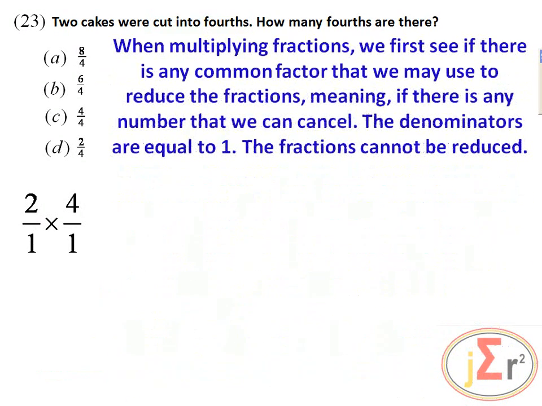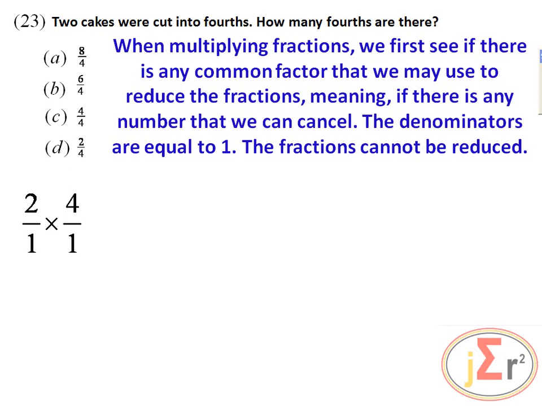When multiplying fractions, we first see if there is any common factor that we may use to reduce the fractions. Meaning, if there is any number that we can cancel. So, reducing the fraction, we always say typically in the classroom, cancel.